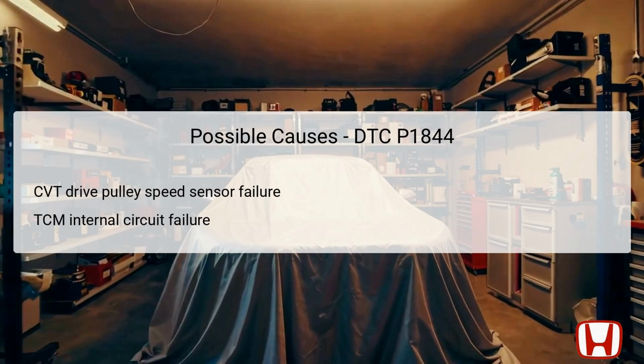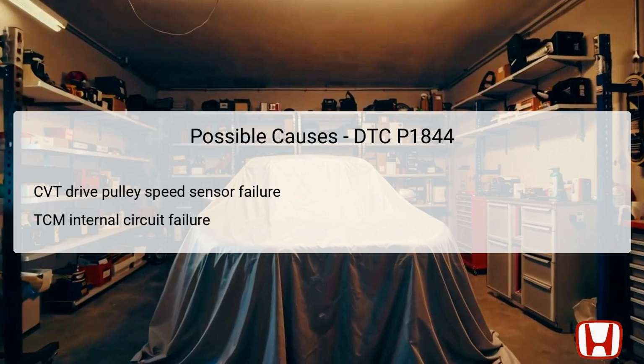There are a couple of primary causes that may trigger DTC P1844. The first and most likely cause is a failure in the CVT drive pulley speed sensor itself, which may no longer function correctly due to wear, damage, or electrical faults. This sensor's inability to accurately detect the position of the drive pulley will lead to mismatched signals being sent to the TCM.